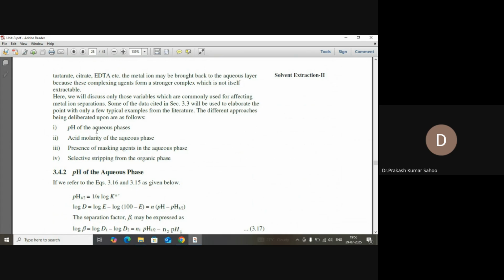These are some factors which have some effect on the extraction process.